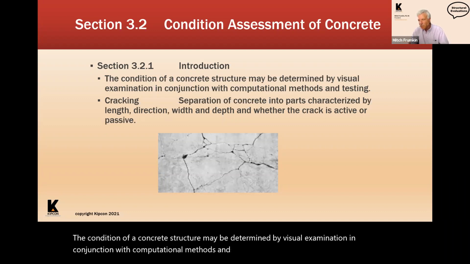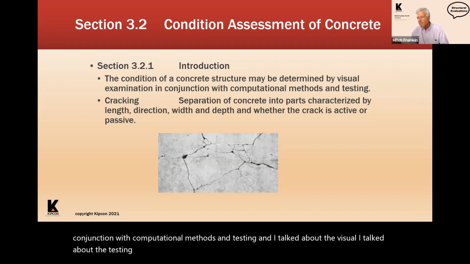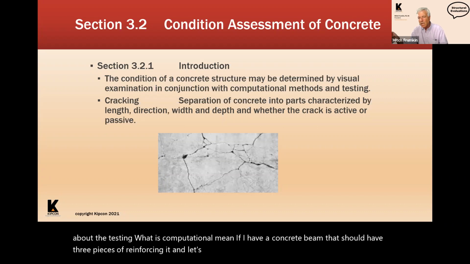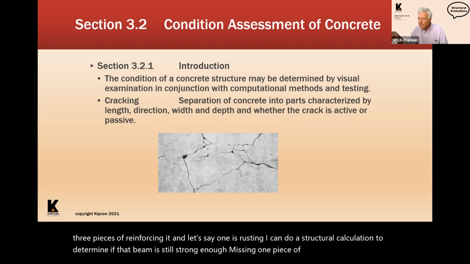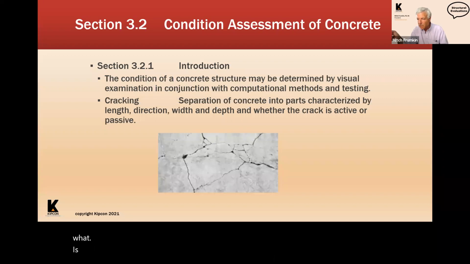I talked about the visual, I talked about the testing. What does computational mean? If I have a concrete beam that should have 3 pieces of reinforcing in it, and let's say one is rusting, I can do a structural calculation to determine if that beam is still strong enough, missing 1 piece of steel. I doubt it, but that's what this computational method means.